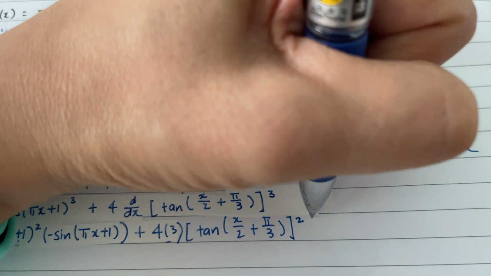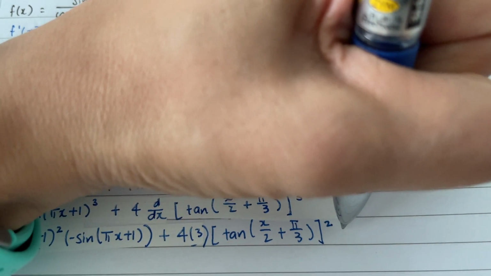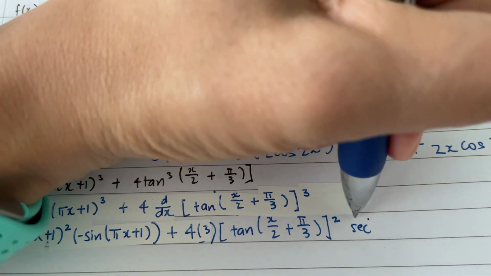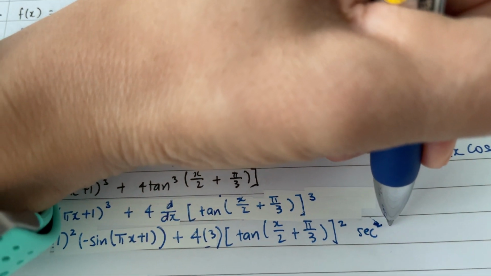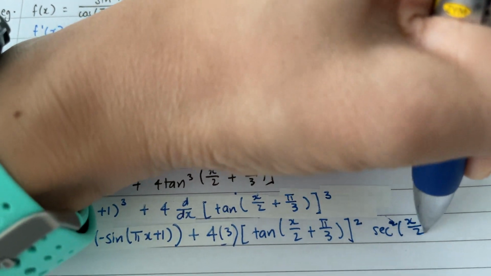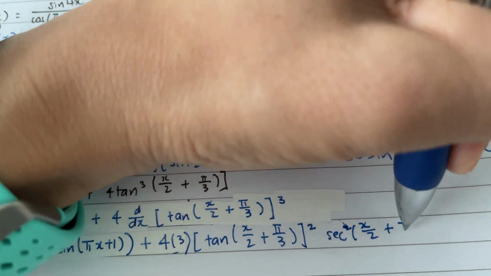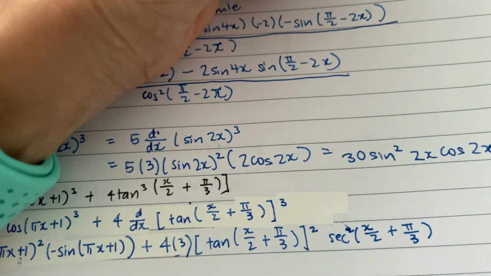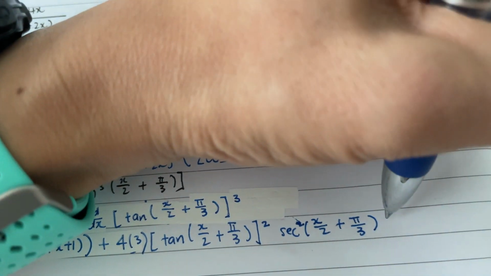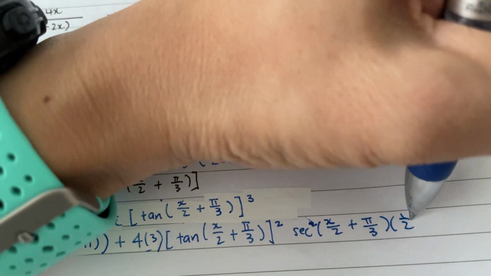When we differentiate the inside, we will end up with secant square (x over 2 plus pi over 3), and differentiate this x over 2. X over 2, when we differentiate, we end up with a half.